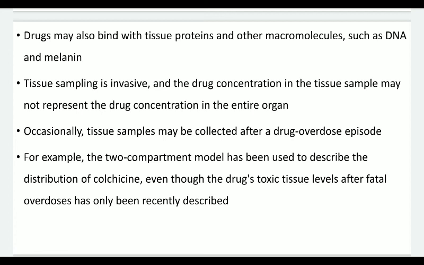So in case of drug overdose of colchicine, the tissue has been removed from the body in order to check the exact concentration of drug, and accordingly the procedures have been performed, but it was not previously described.